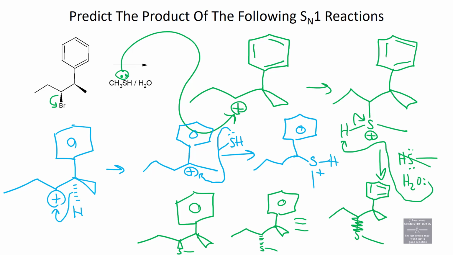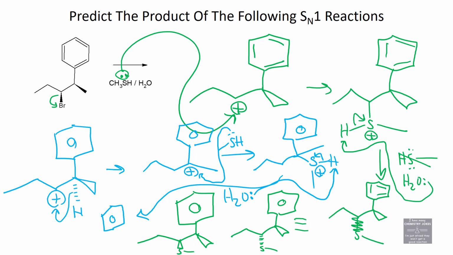We get an S with an H and a methyl, and we're going to go all the way over there because what's the mechanism if it's not difficult to follow, right? All right, we got this thing. It's getting a little crooked. 1, 2, 3 carbons. We got an S with a methyl. We got a methyl. There's my product down in the corner.